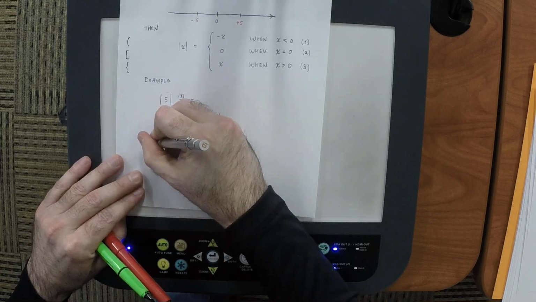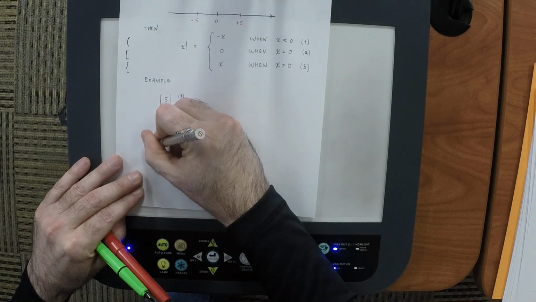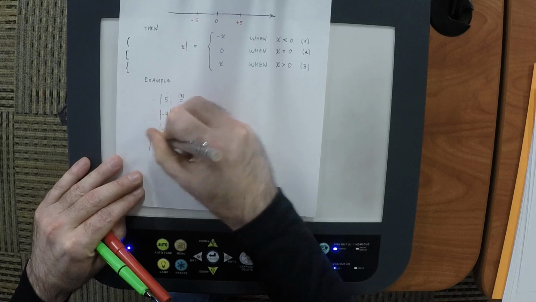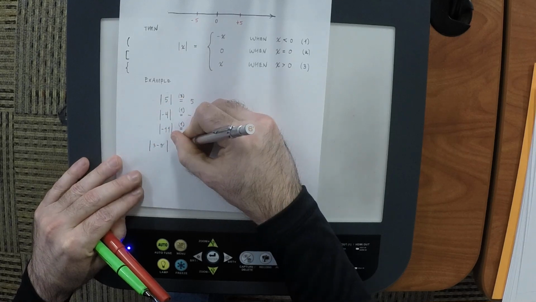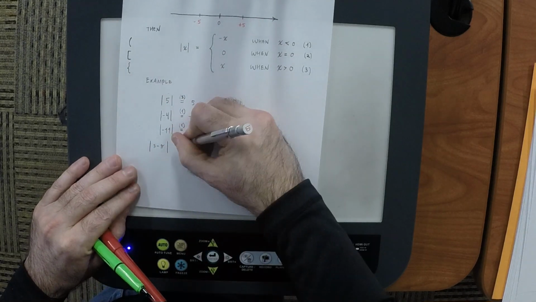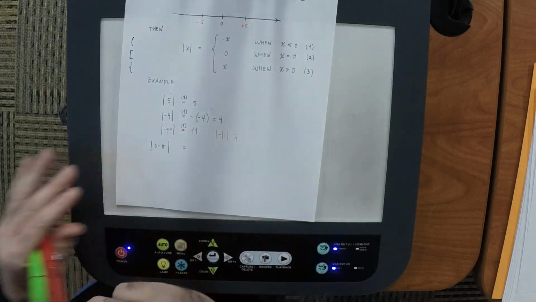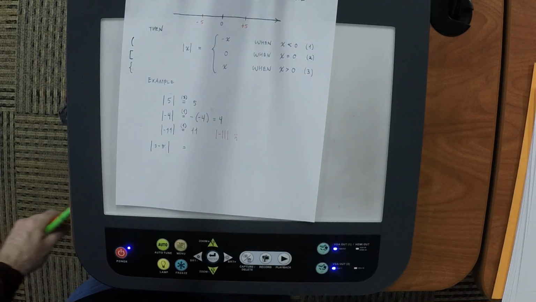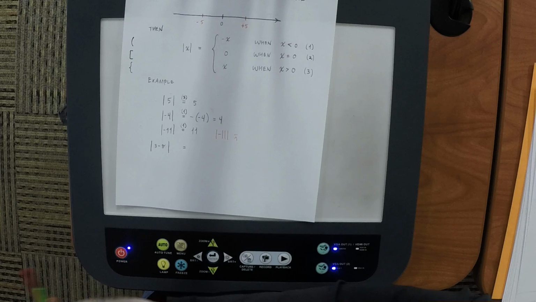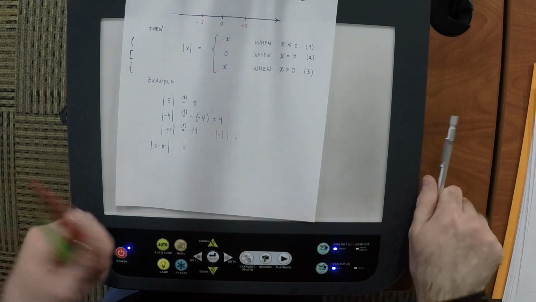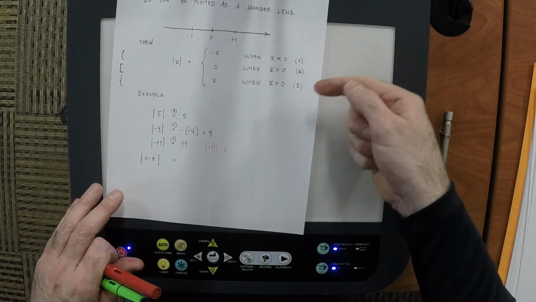How about this one? The absolute value of 3 minus pi. Now, I don't want decimal places or anything like that. I want the exact answer. So again, it's a matter of definition.